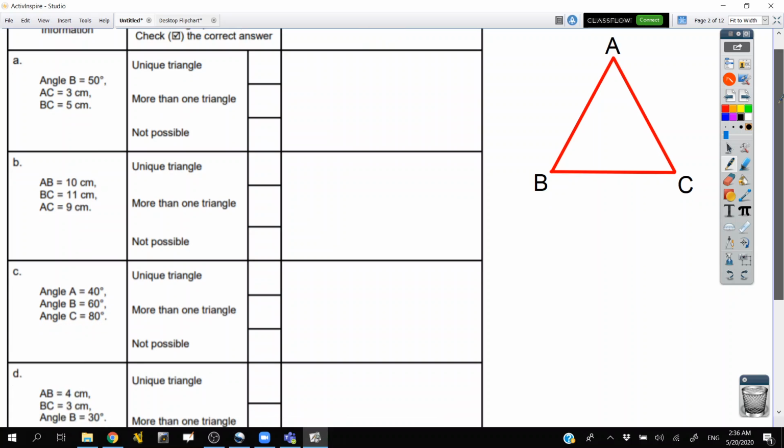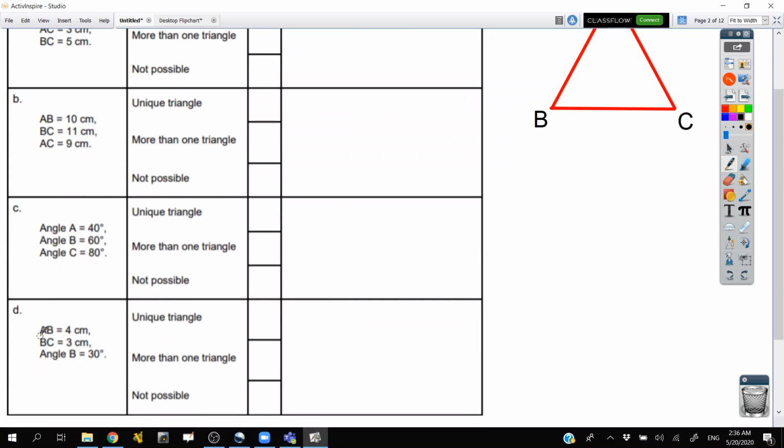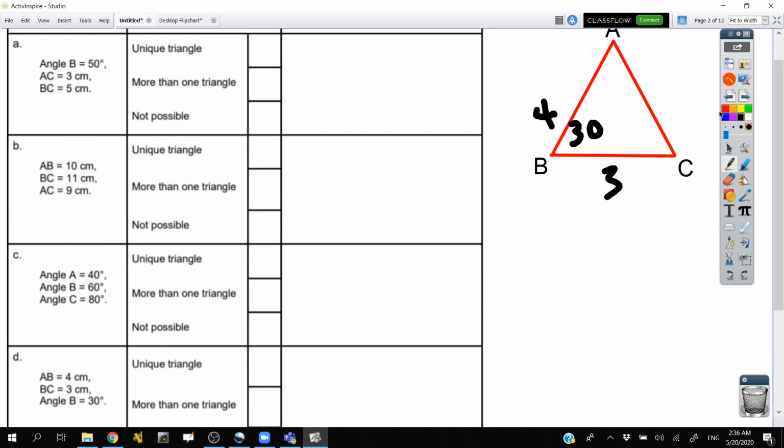And the final one here, we had AB being 4 centimeters, BC 3 centimeters, and angle B 30 degrees. Just like in the first one, there are two directions we can go around this. I would get side, angle, side going that way, or I could go back this way and get side, angle, side.